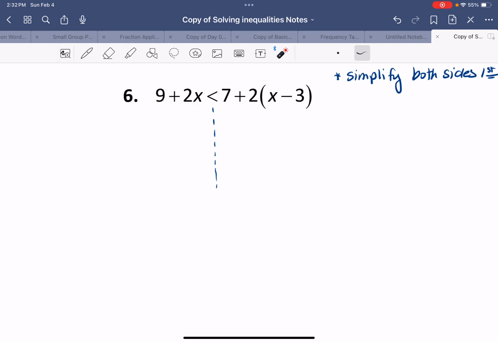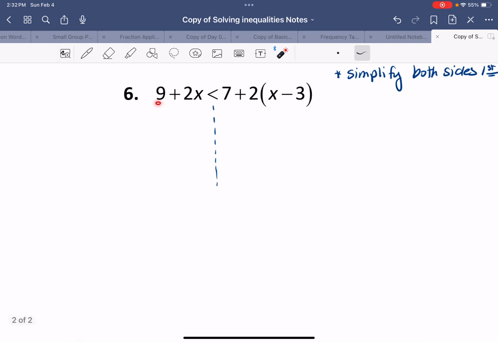They're 2 separate terms. If this had an x, sure, then we can combine that, but it does not. Over here, I'm seeing 7 plus 2 times x and 7 plus 2 times -3. So here we have to rainbow this out and then simplify, okay? So distribute first, and then combine like terms, okay?